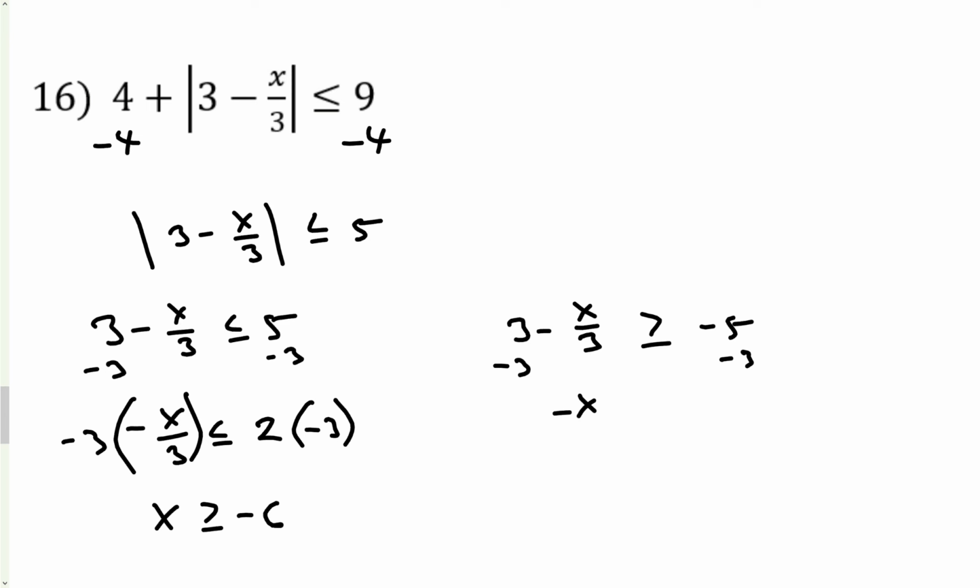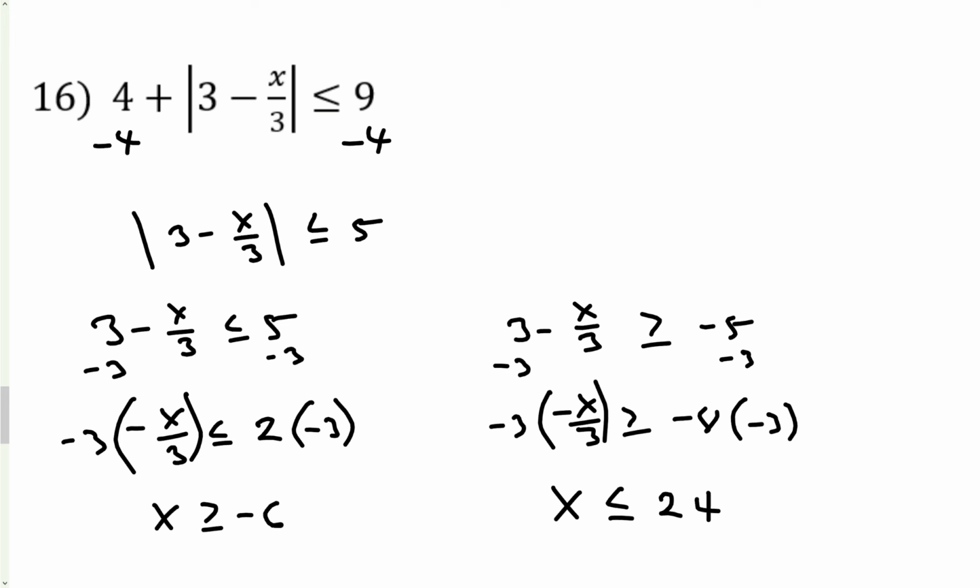We have negative x over 3 is greater than or equal to negative 8. Multiplying both sides by a negative 3 gives me less than or equal to, because we're multiplying again by a negative, and 24. So that means that x is greater than or equal to negative 6, less than 24. It means x is in between those two things.